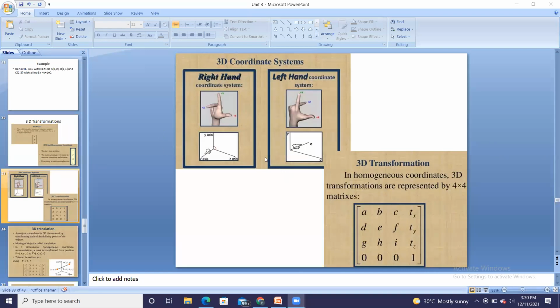The 3D coordinate system can be represented with the right hand or the left hand.